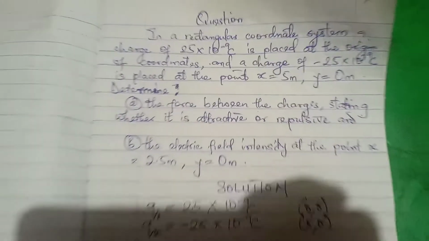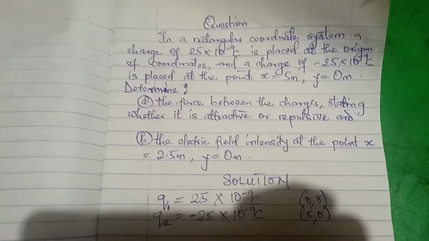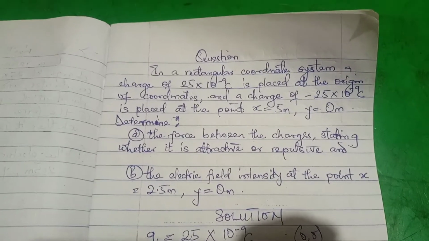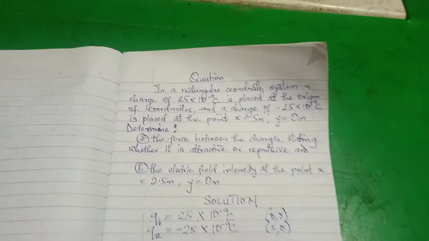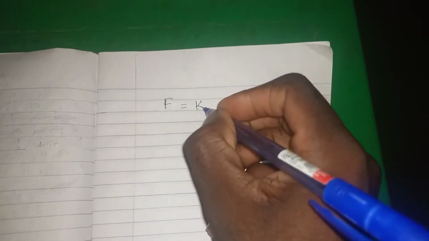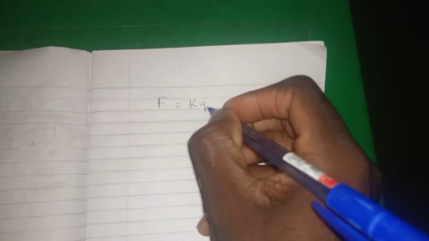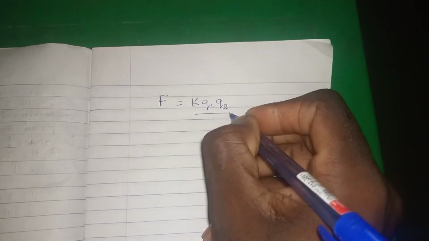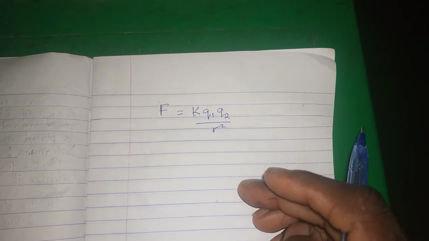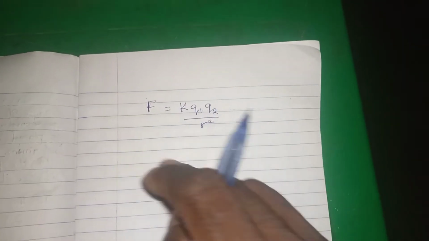So now, the first part of the question said you should find the force between the charges, stating whether it is attractive or repulsive. So the formula we'll be using for determining the force is F equals K Q1 Q2 over R square. I think you must have seen something similar to this in my last class.